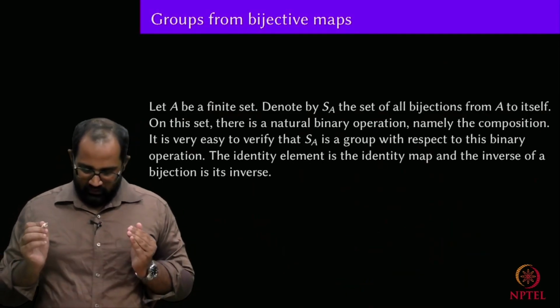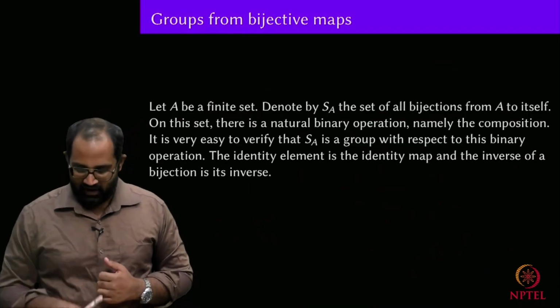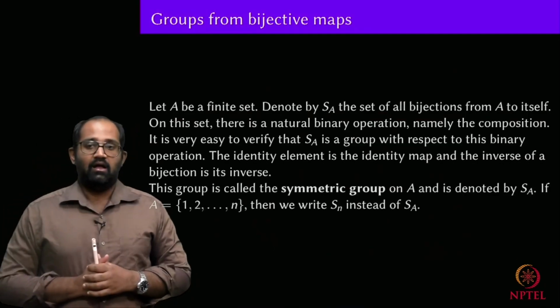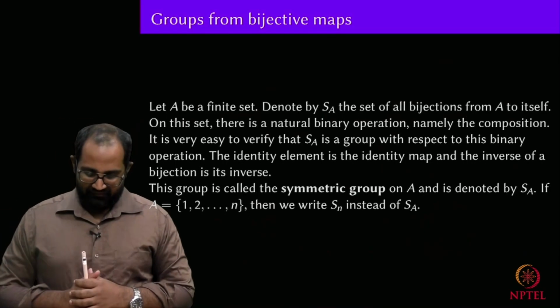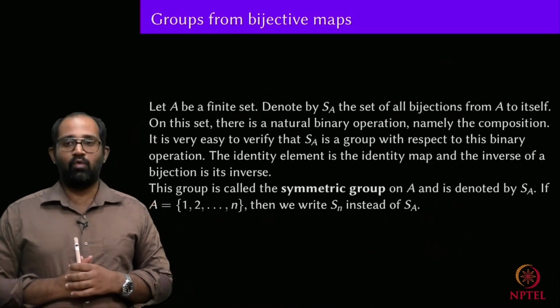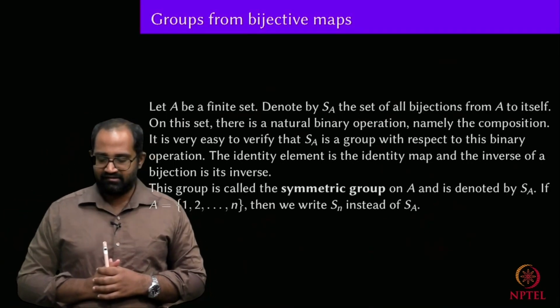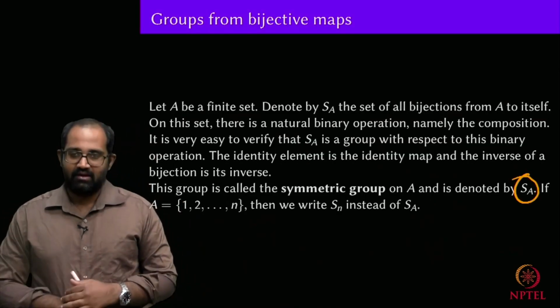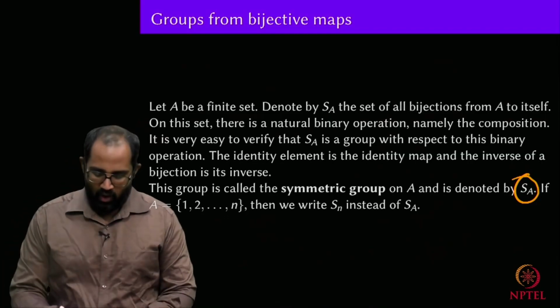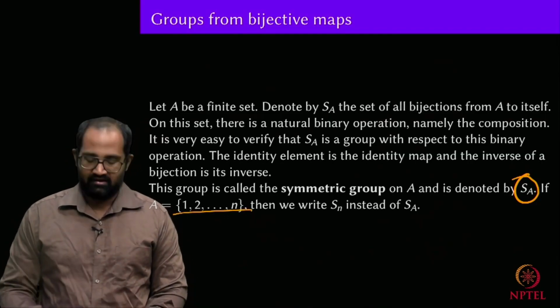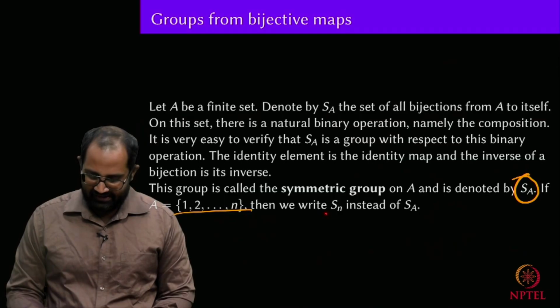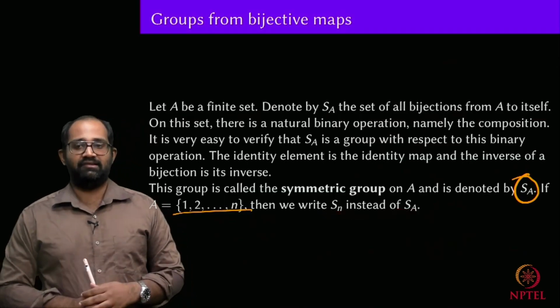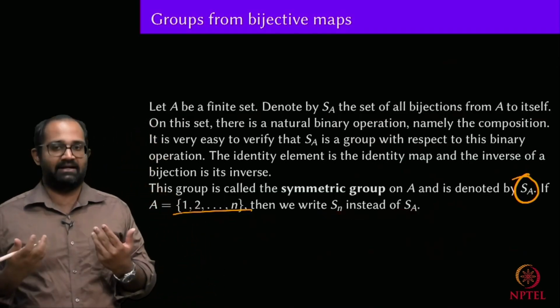I have already explained all of this. This group has a fancy name, it is called the symmetric group on A, and is denoted by SA. If A equals 1 to n, this special case, then instead of SA we just write Sn. Sn denotes the symmetric group on n letters.